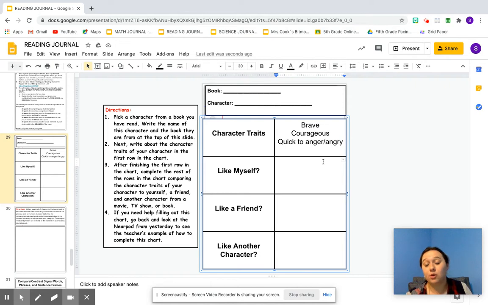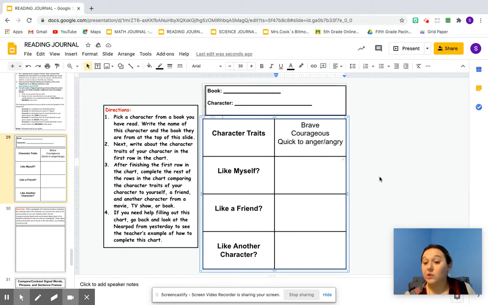Again, I chose Samuel. You're going to compare a character's character traits to yourself, a friend of yours, and another character from either a book, a movie, a TV show, anything you've seen that's school appropriate. You're going to compare Samuel's character traits to this.